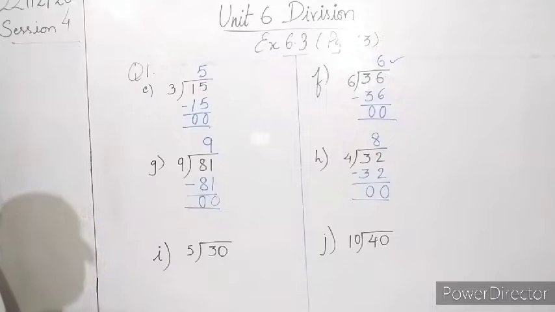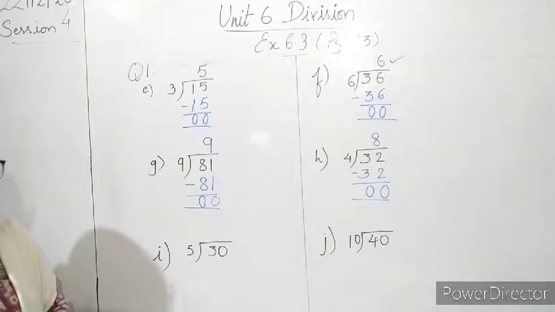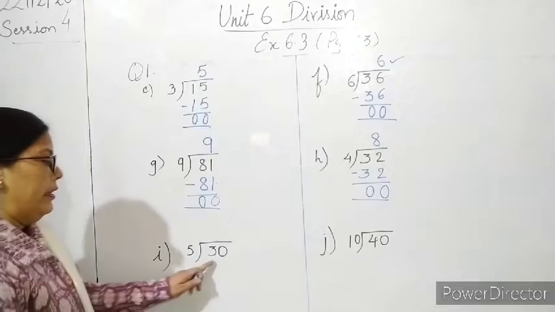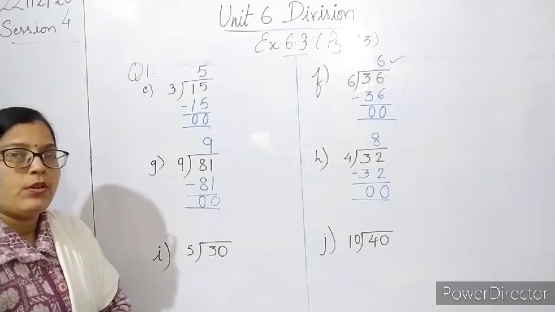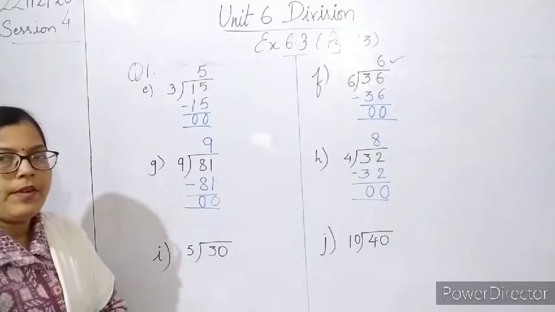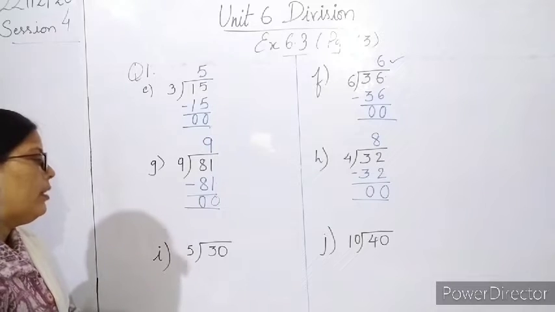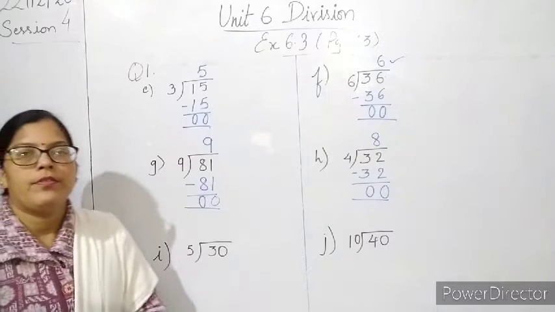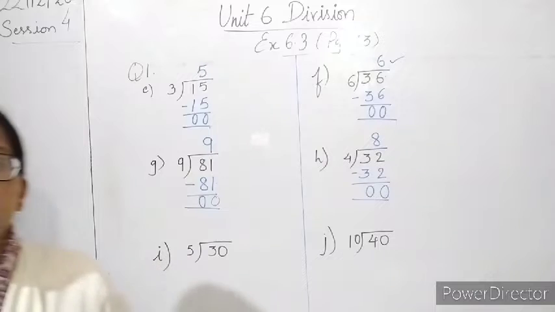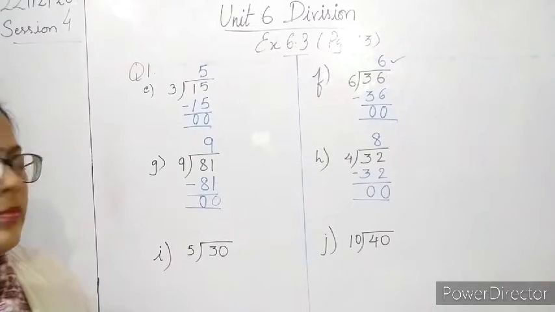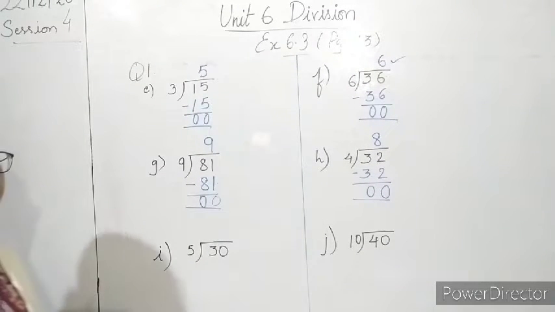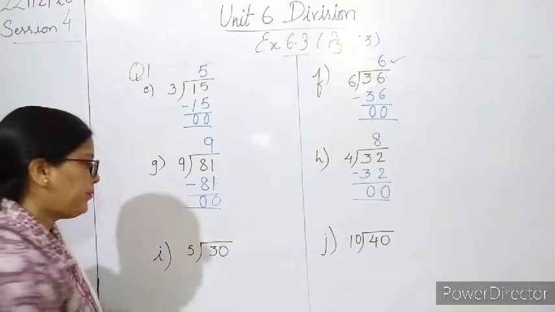Then here 30 divided by 5. Now you all know the table of 5. Recall the table and find out by how many times you get 30 in the table of 5. So 5 sixes are 30.